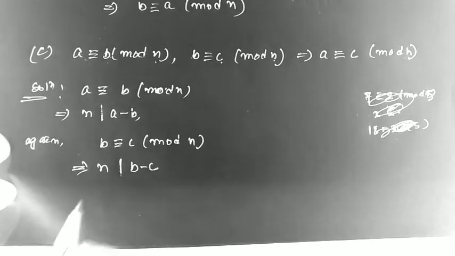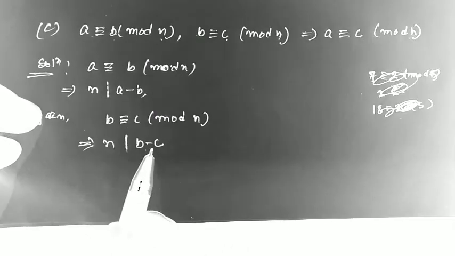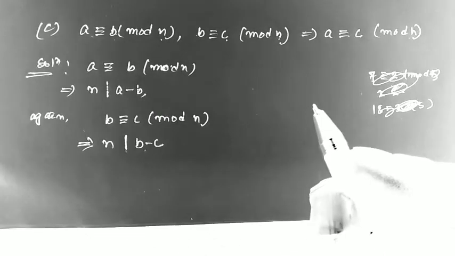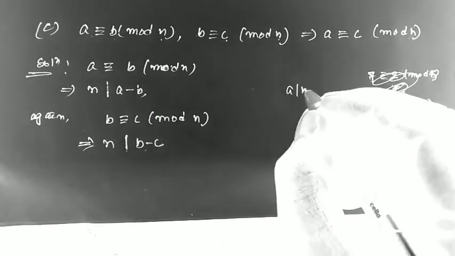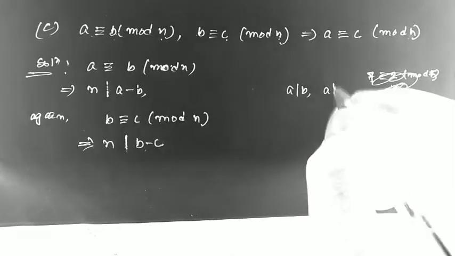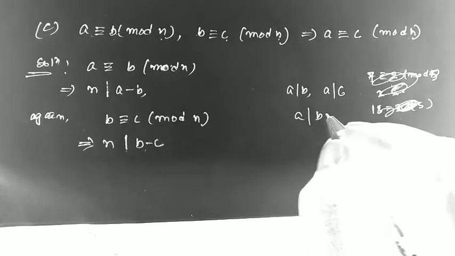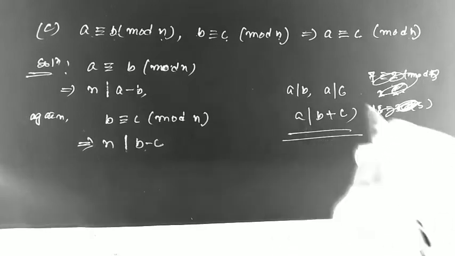No? Now see, n divides a minus b, n divides b minus c. As earlier we have proved that if a divides b and a divides c, then a divides b plus c.